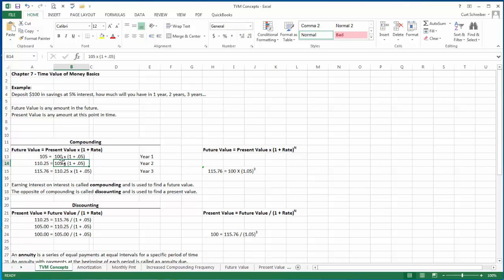The $5 that we earned in the first year is now accumulating interest. In the third year, we will have $110.25 multiplied by 1.05, which is equal to $115.76. So this earning interest on interest is called compounding, and compounding is used to find a future value.